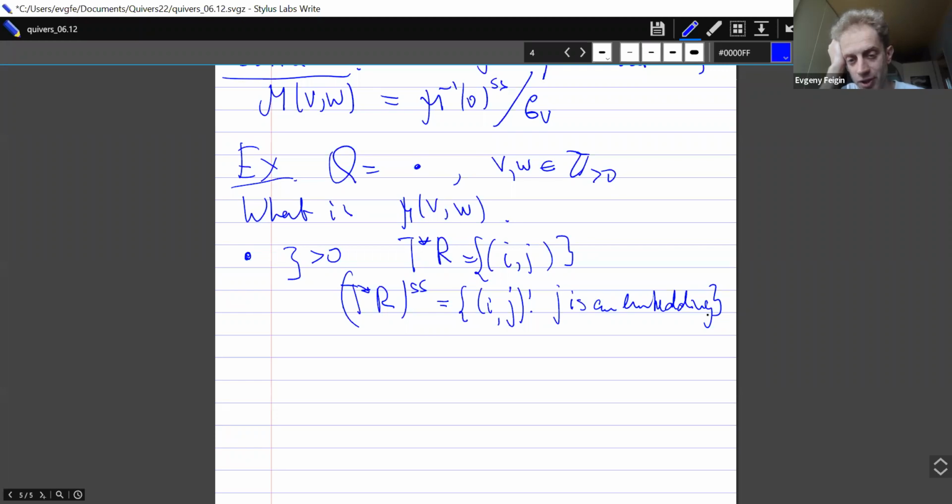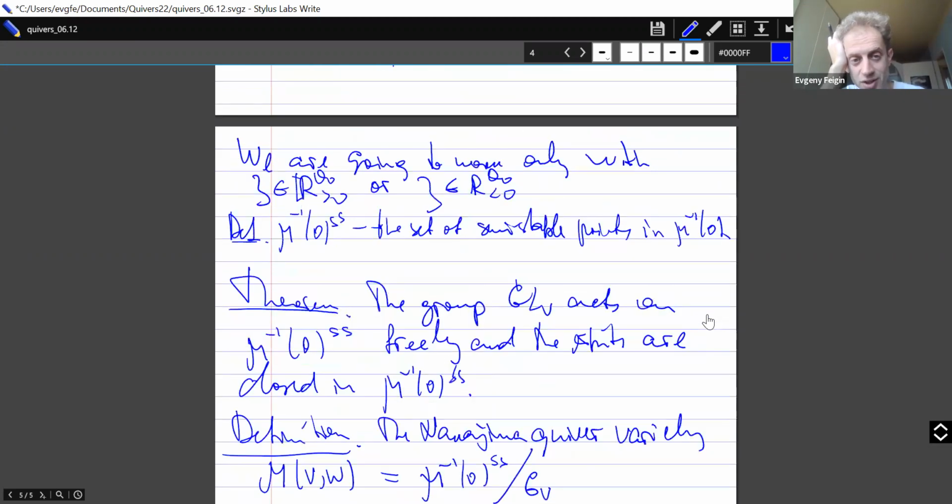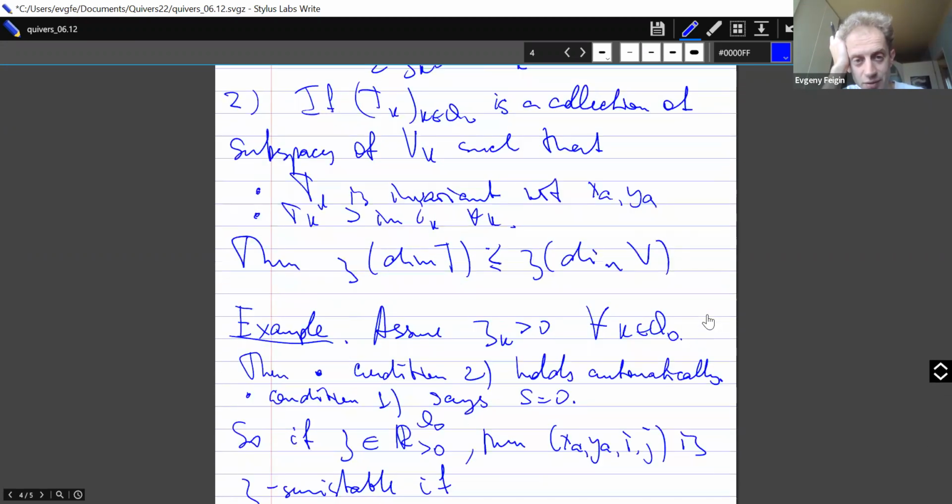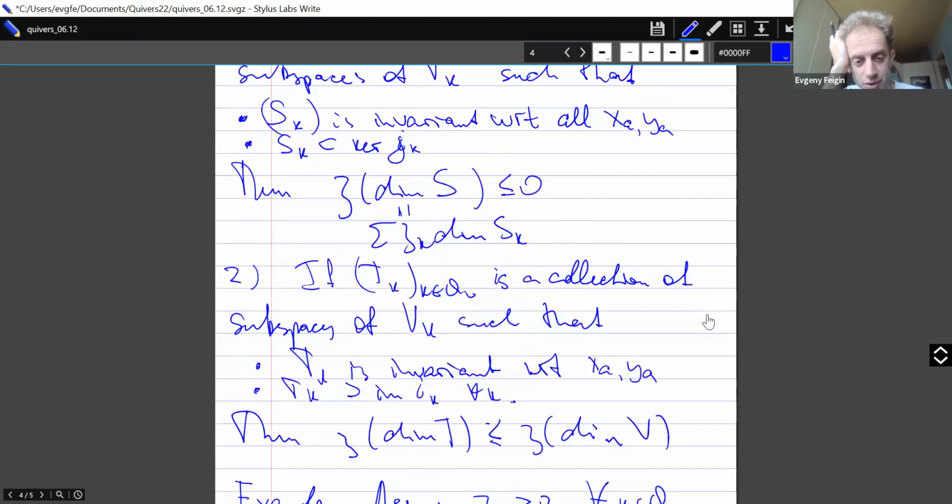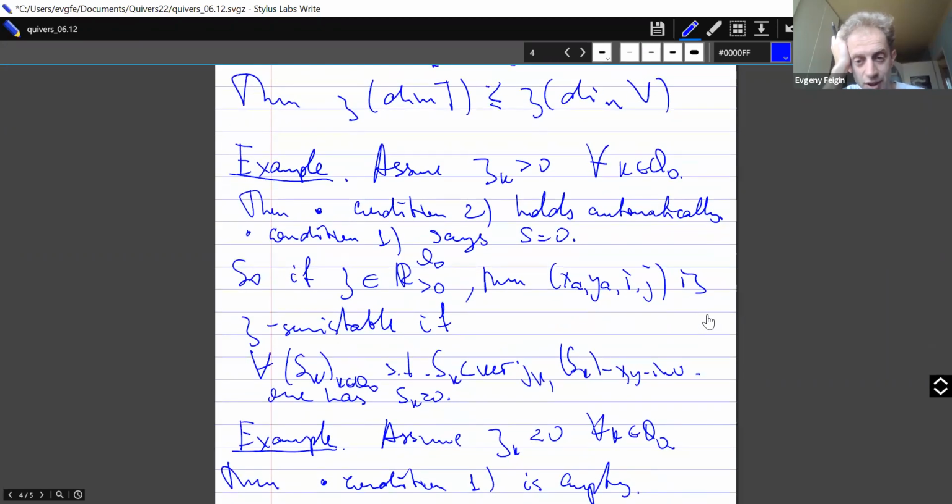Shall we elaborate on this? Simply because this is our first example, the condition says that S is 0 if it is contained in the kernel and XY invariant.